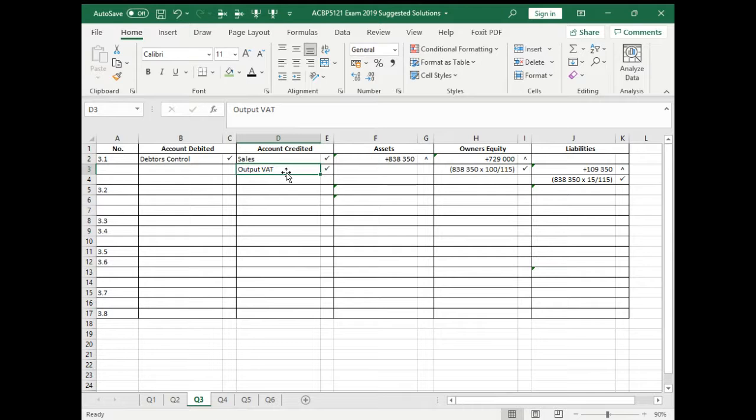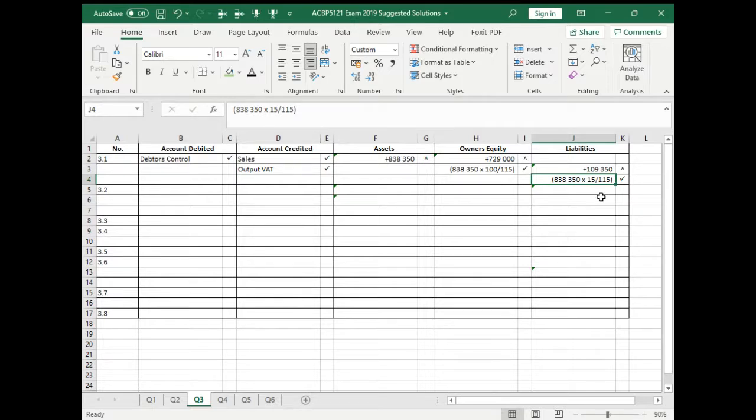Then output VAT is the money I'm paying over to SARS. That is a liability. So the VAT component then goes to the liabilities account, and you could either just deduct it from the assets to get to the liabilities amount, or you could show the calculation and you would have received the mark for that.